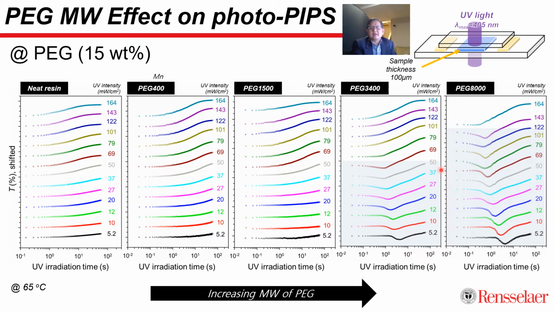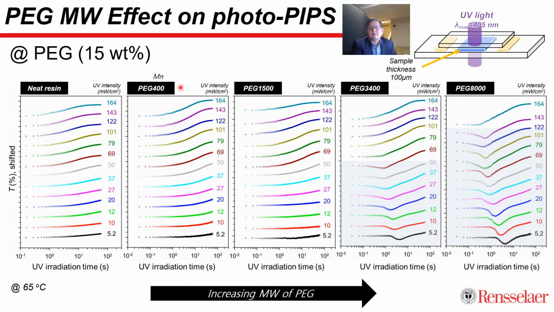At low intensity, where network formation is slow, the polymer has sufficient time to phase separate, so they show this optical turbidity. Whereas when you increase the UV intensity, you no longer see this decrease in the optical transmission, and now the polymers are entrapped in small domains that don't show any optical turbidity.